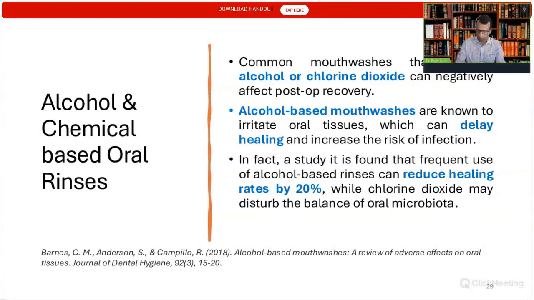Imagine, out of 100 patients, 20 will get compromised because of post-op infection, and that's not your fault, that's the fault of the oral product. But in this era of social media, the patient is not going to blame himself or herself. They will say, I went to XYZ dental office and I got post-operative complications. So it is very important to understand the right oral care product to refer for patients.